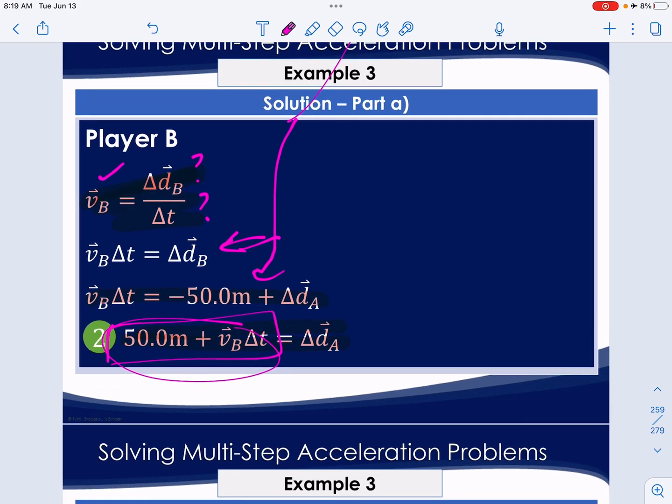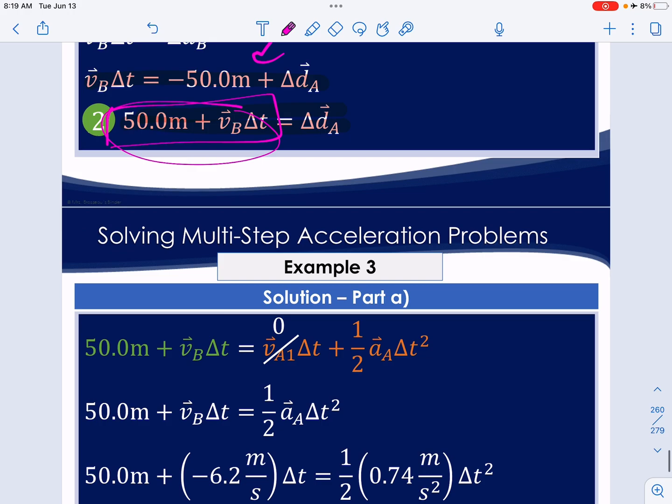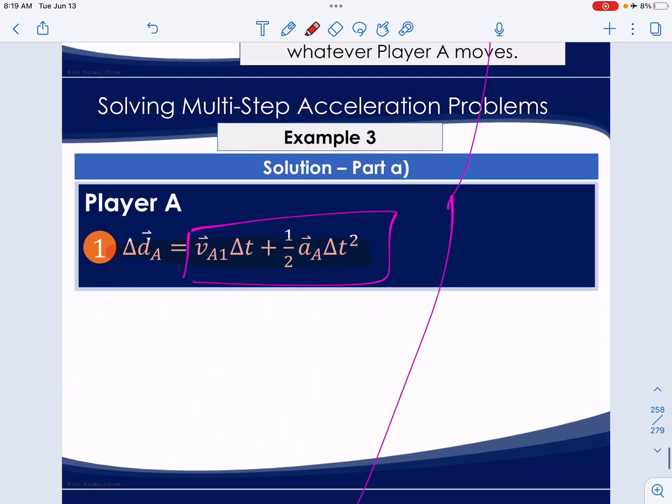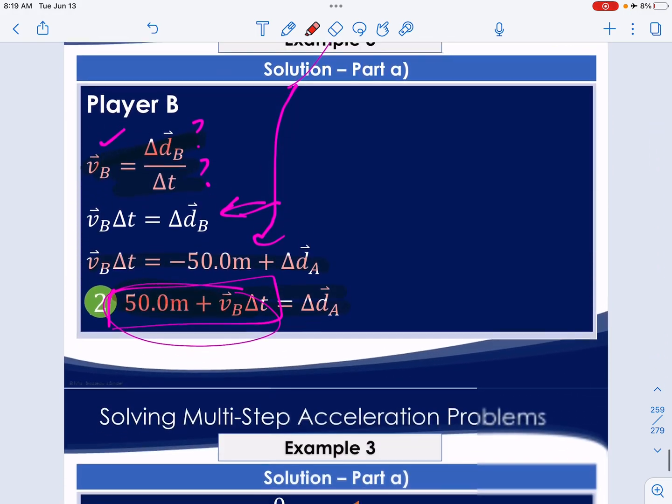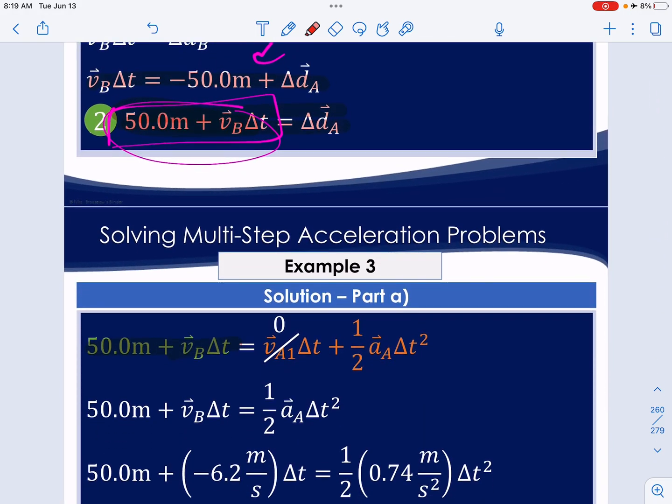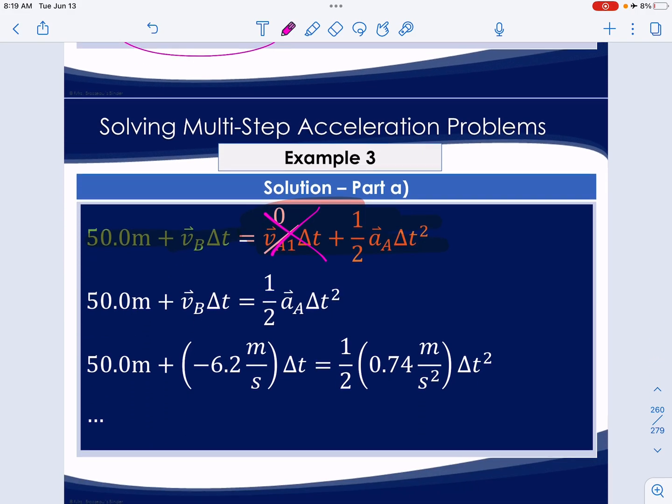So we have 50 meters plus VB delta t, which is right here, equal to VA1 delta t, right there. See this? And we know that the initial velocity of player A is 0, so we can eliminate this term. It's a little bit simpler without that term.